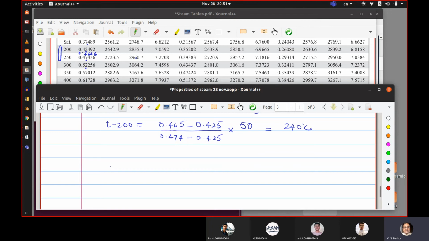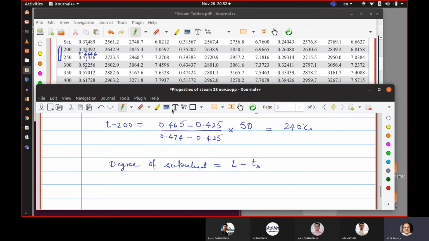See, degree of superheat is a term used to define the quality of steam when steam is superheated. This degree of superheat is by how much temperature the steam has been heated above saturation temperature.